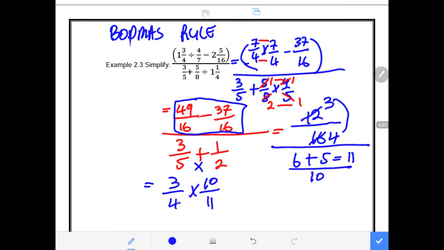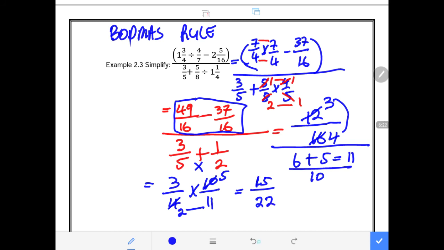And now 2 goes to 4 2 times, 2 goes to 10, it goes 5 times. 5 times 3, it gives us the number 15, and 2 times 11, it gives us the number 22. So now our final answer becomes 15 over 22.